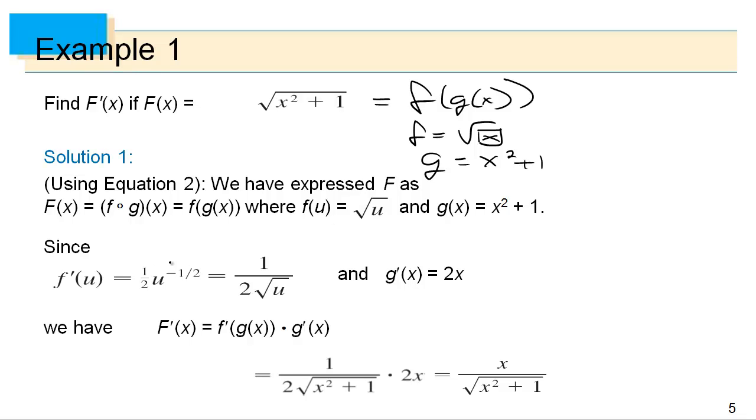To take the derivative of this outer function, you're just taking the derivative of the square root function. And that is x to the 1/2, which becomes 1/2 x to the negative 1/2, which is 1 over 2 square roots of x. And that's where this piece comes from.